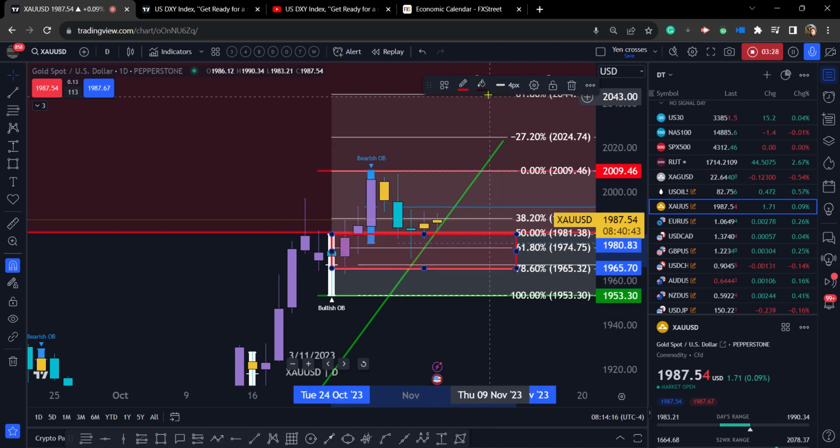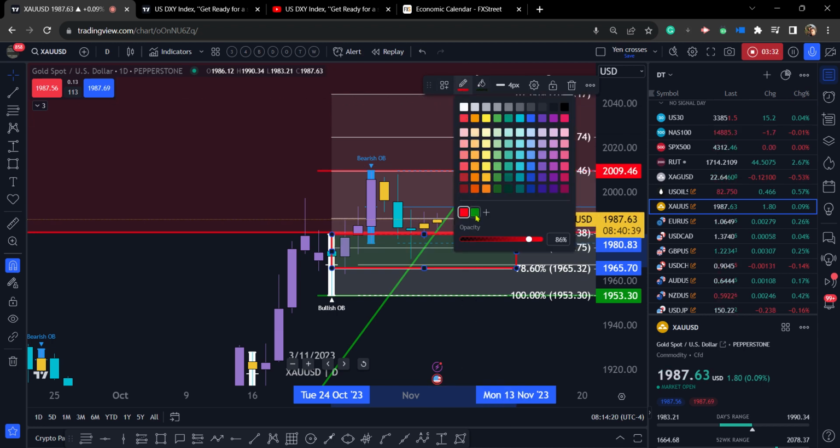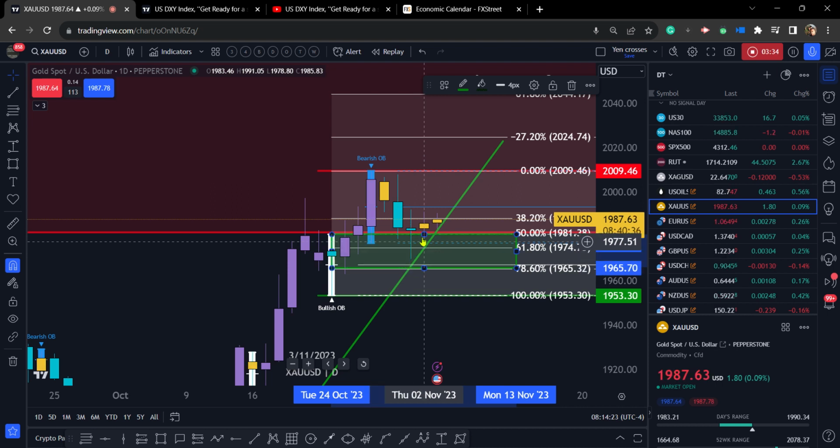So we're starting to see that upside correction already in play as of Wednesday, Thursday inside day, Friday starting to move up in line with the trend. That may well continue.